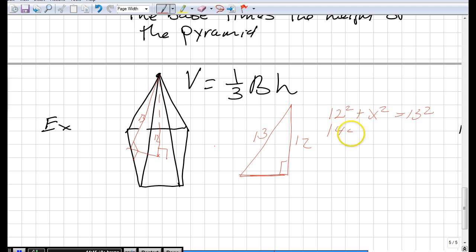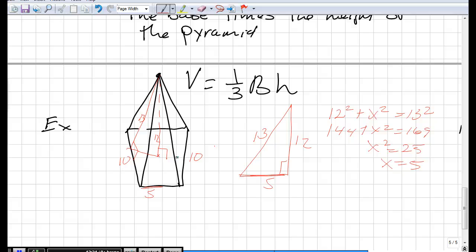We get 144 plus x squared equals 169. Subtract 144, we get x squared equals 25, so x equals 5. So half of this is 5, so each side is 10. So the base edges are each 10.